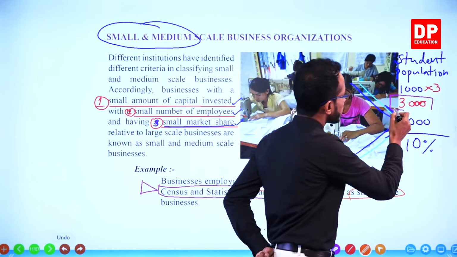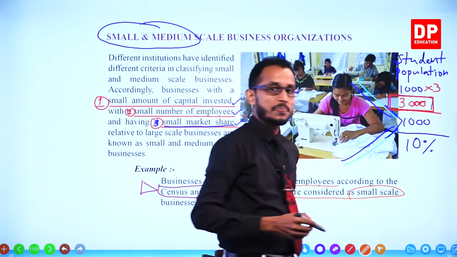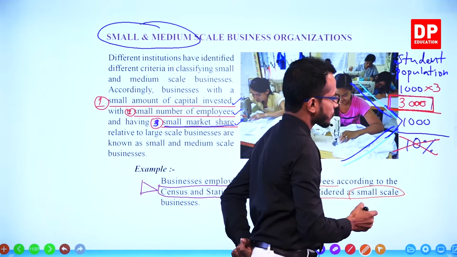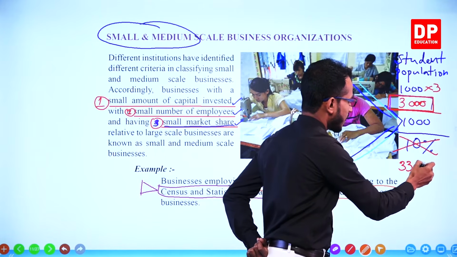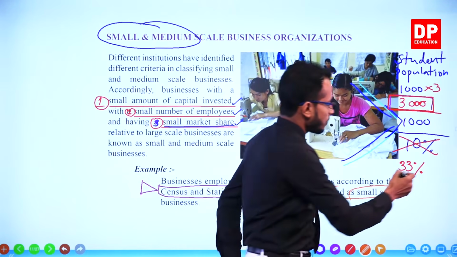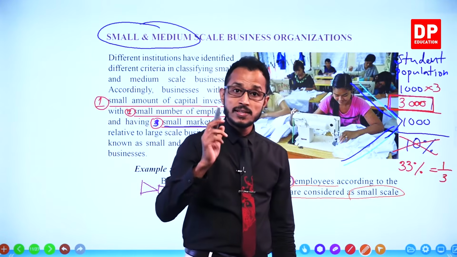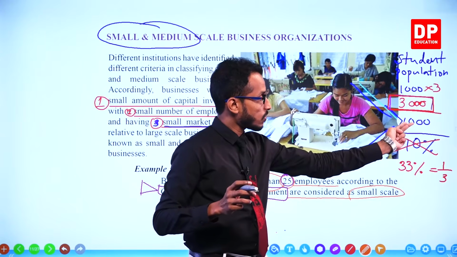Divide 1,000 by 3,000 and you will get not 10%, you will get 33.333333 likewise. Okay, that means 1/3 of the total requirement you are providing.